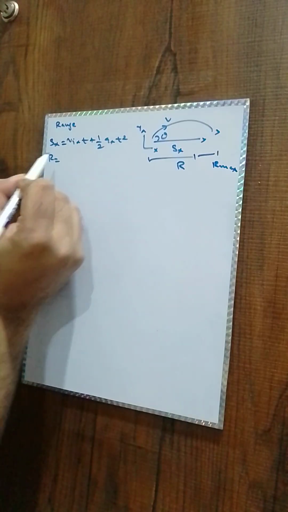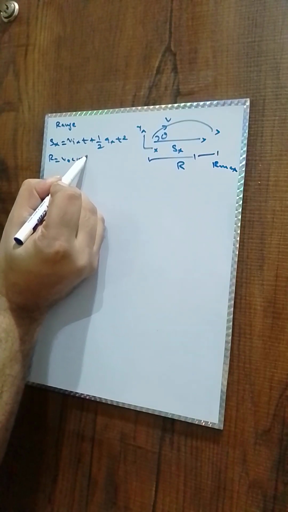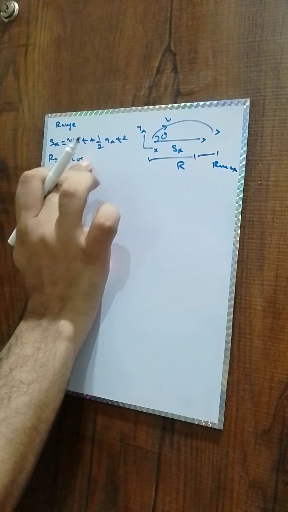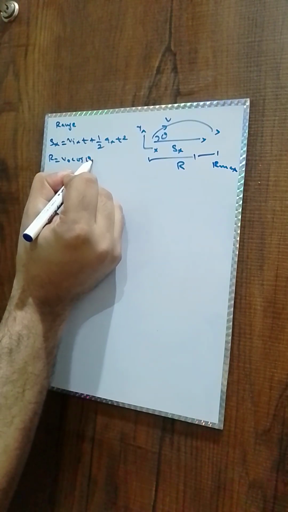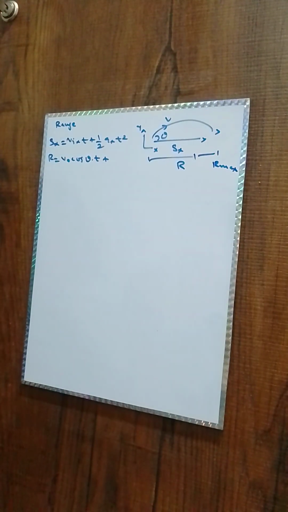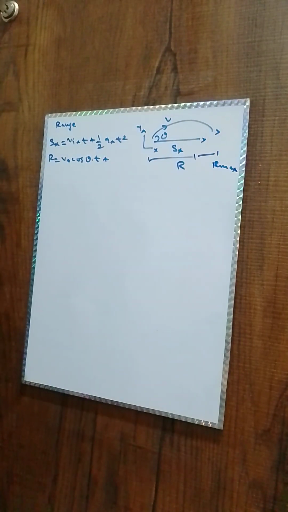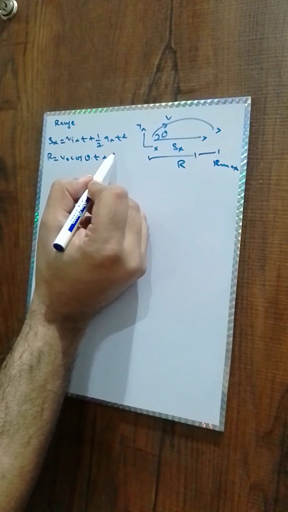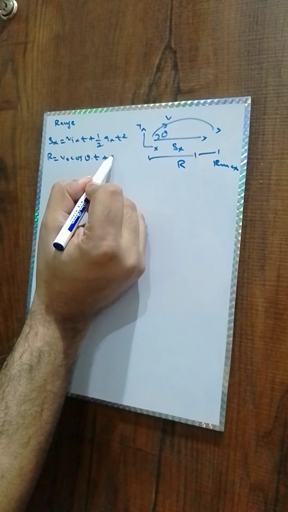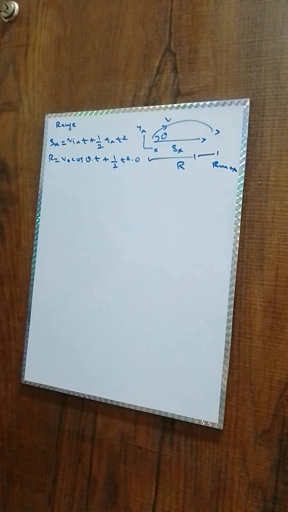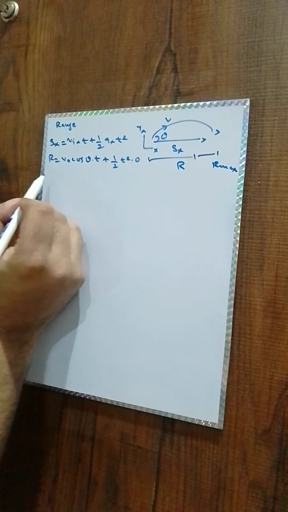So r is equal to v naught cos theta t plus half, and basically the horizontal acceleration is 0, so plus half t squared times 0, which is ultimately 0 for the second term.